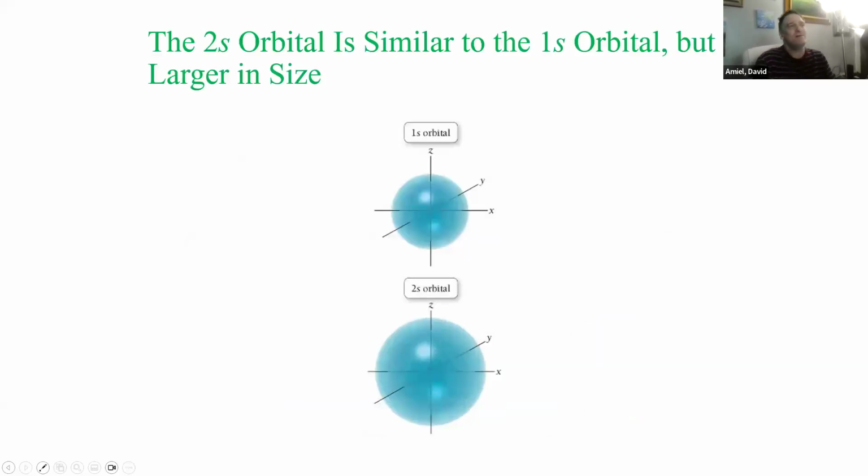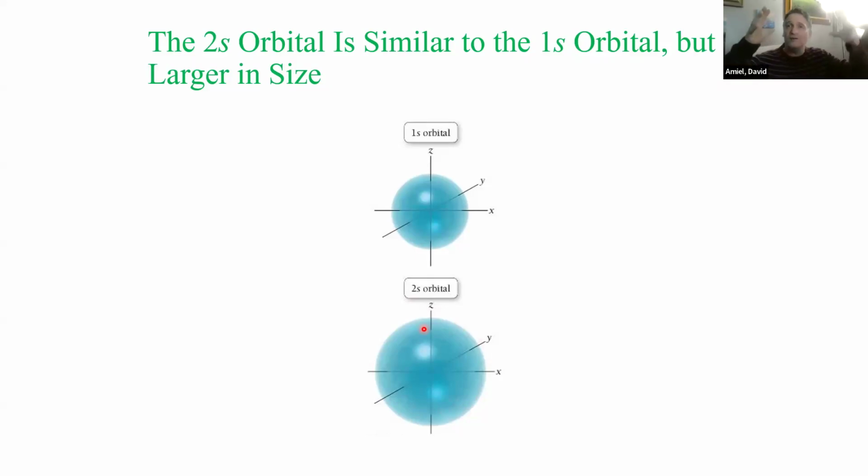Now look at what happens as the principal quantum number n increases by 1. It's the same shape because it's still an s orbital, but now its energy is higher because the principal quantum number has increased from 1 to 2, and you get a bigger sphere.